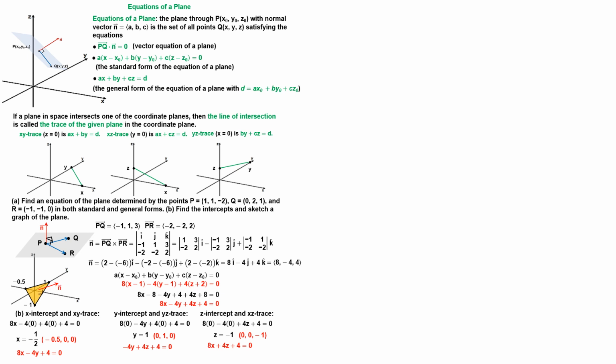In the previous example, you learned how to write the equation of a plane when 3 points are given in the plane. In this example, you will learn how to write the equation of a plane when given the normal vector to the plane and a point in the plane. We are given the point P and the normal vector.